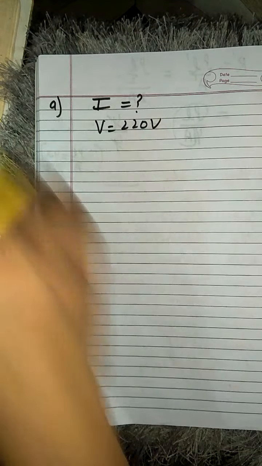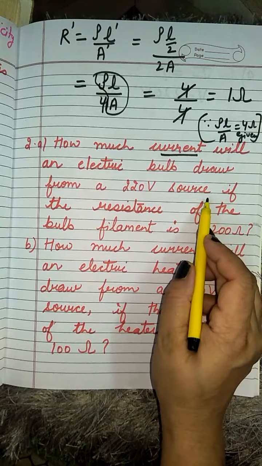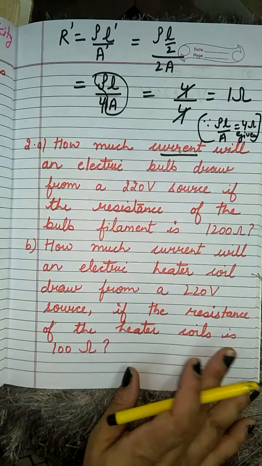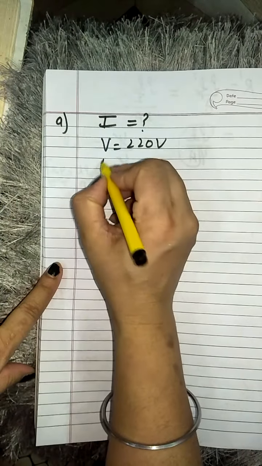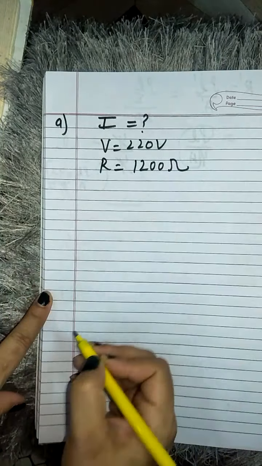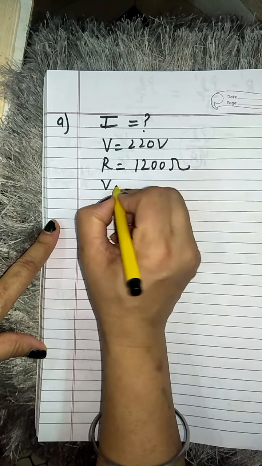Next is given: if the resistance of the bulb filament is 1200 ohm. What is given? R is given, it is 1200 ohm. What do you want to find out? I. Which formula will you apply?